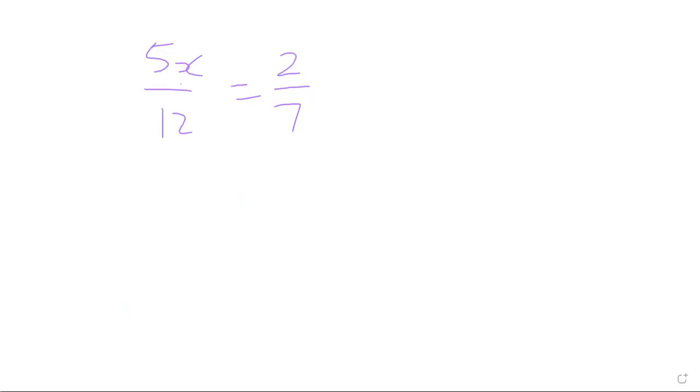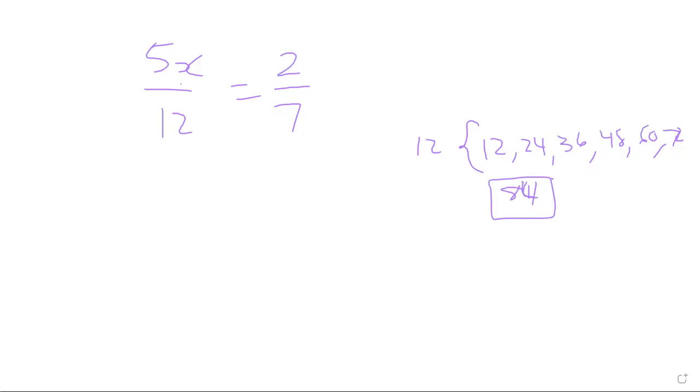And here, in this case, if you find the multiples of 12, we got 12, 24, 36, 48, 60, 72. So you keep going till you get to 84. Now, you might know that 12 times 7 is 84. So 84 becomes our LCD.